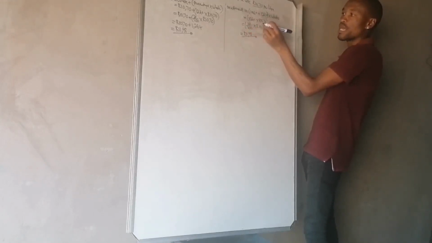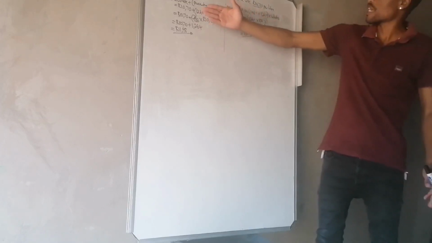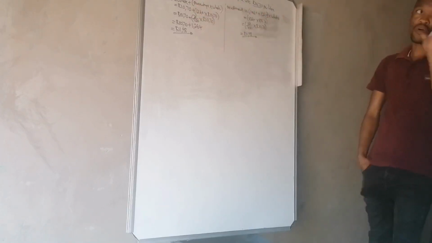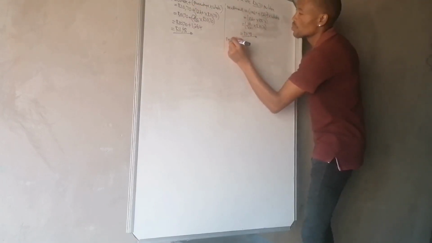Then we multiply by the whole, 10 rand 70, and you get 11 rand 98. So this is another way of calculating the new amount. You can go for this route, or you can go for that route. The choice is yours.